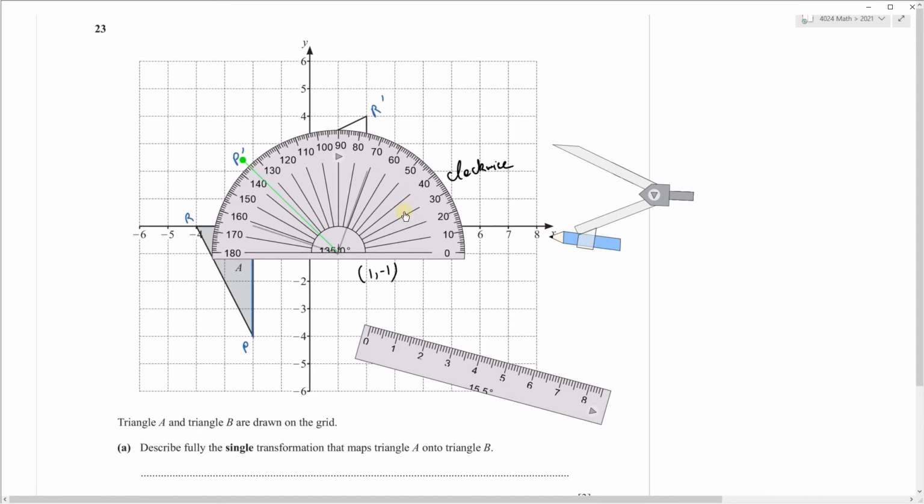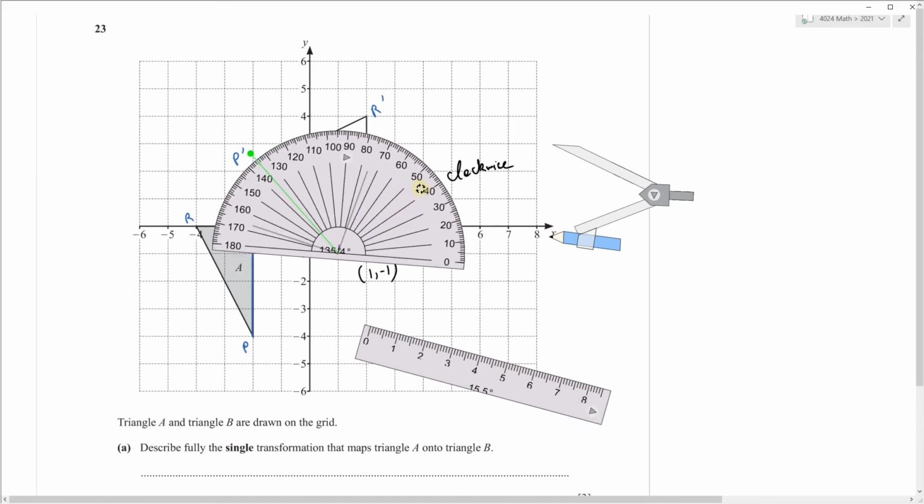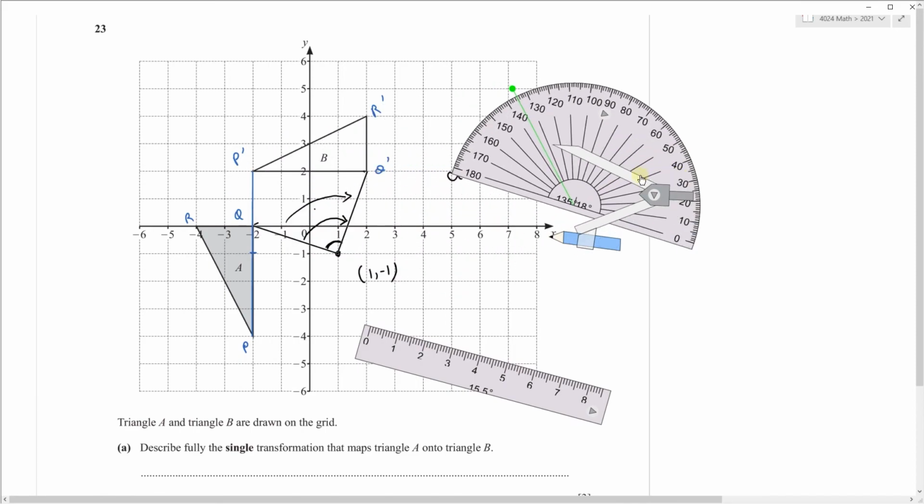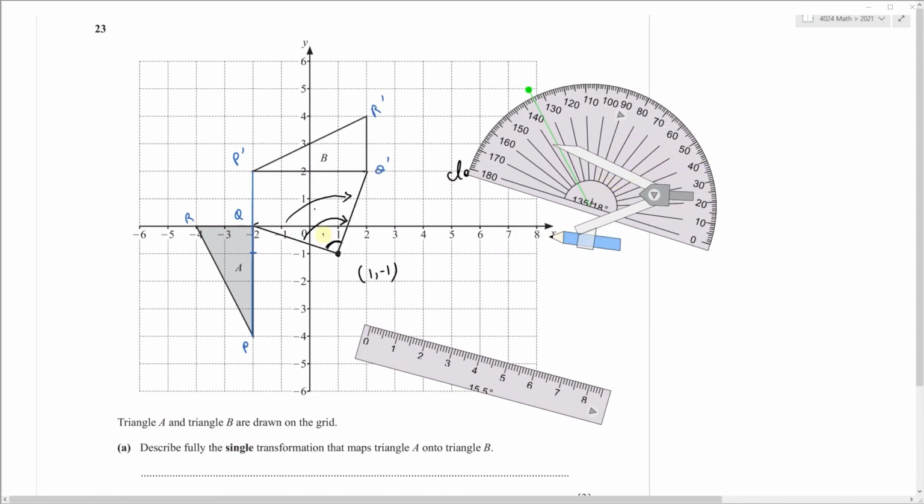Let me place it here. I bring my 180 line here, and this is 90 degrees. So this angle here is 90 degrees. Now you know everything about the transformation that mapped triangle A onto triangle B.